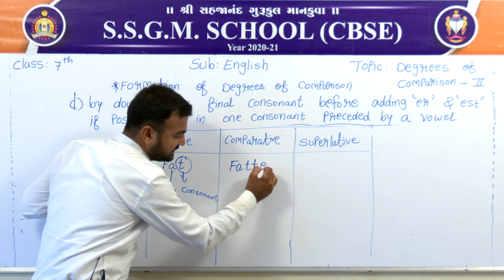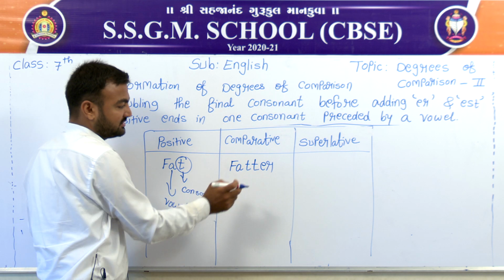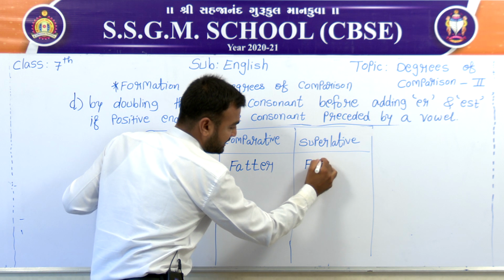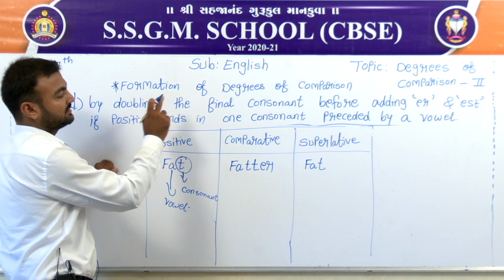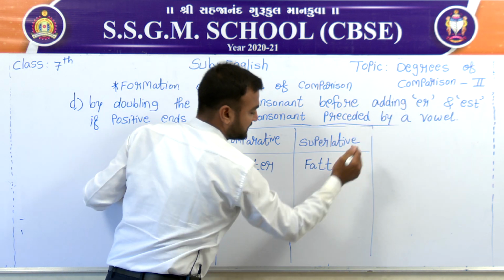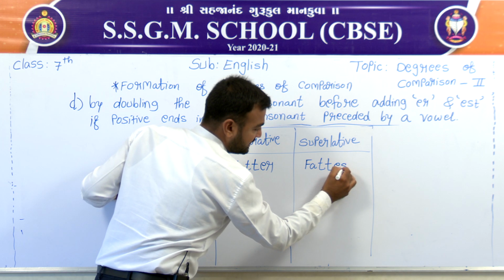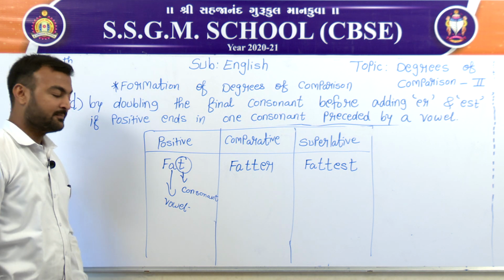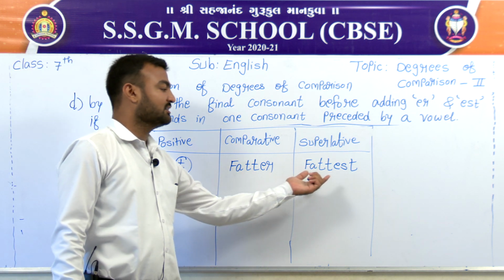That is ER, it becomes fatter, and superlative becomes FAT. We have to double the final consonant. So I am writing one more T over here and then respectively we have to add EST. The word becomes fattest. Fat, fatter, fattest.